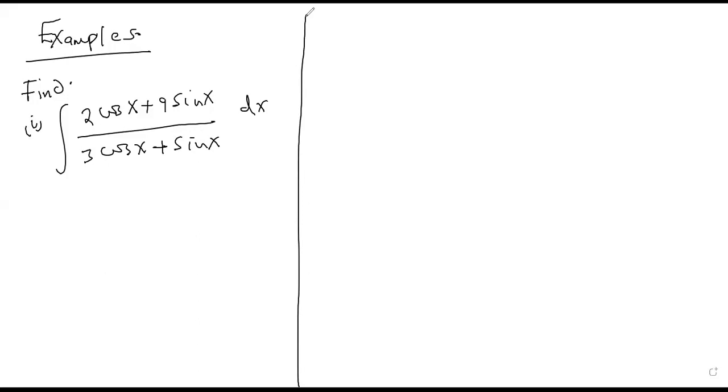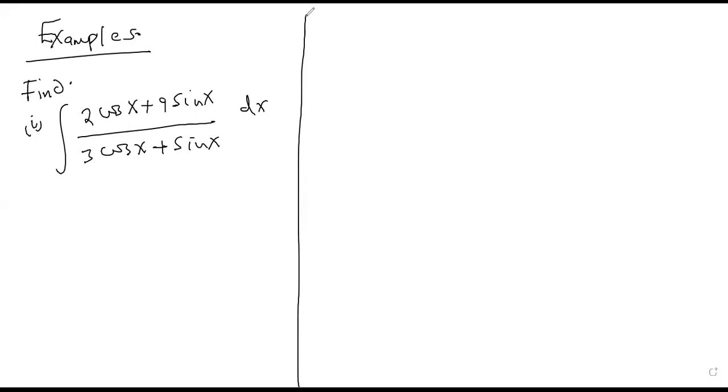Find that. 2 cos x plus 9 sin x over 3 cos x plus sin x. That is what we are having. It is very, very super interesting.